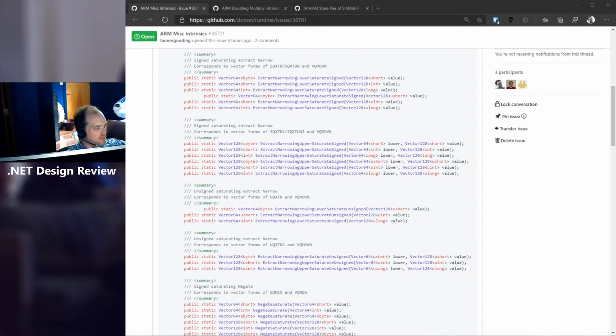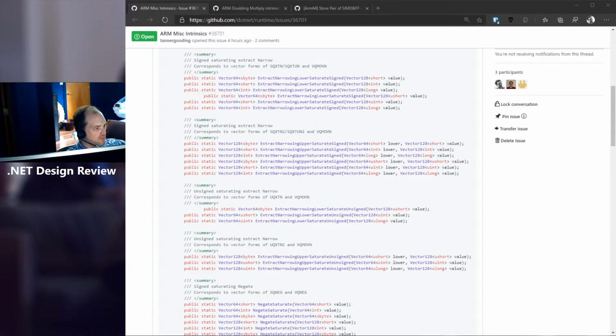Right. So SQXTN takes signed. There's UQXTN, which takes unsigned, and SQXTUN, which takes signed and returns unsigned. There isn't a variant that takes unsigned and returns signed.